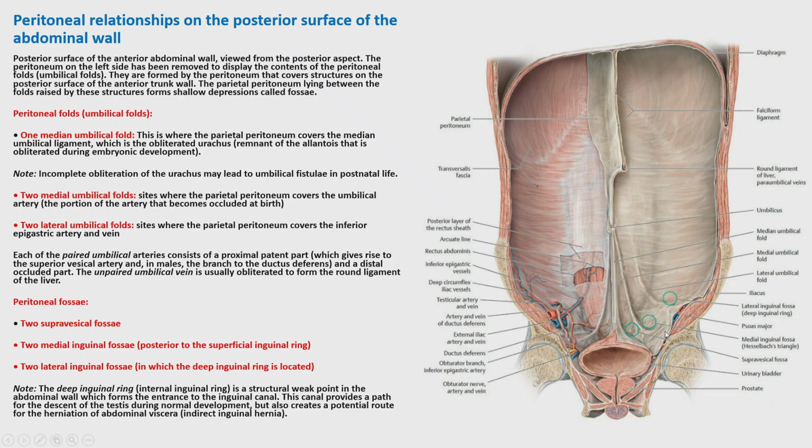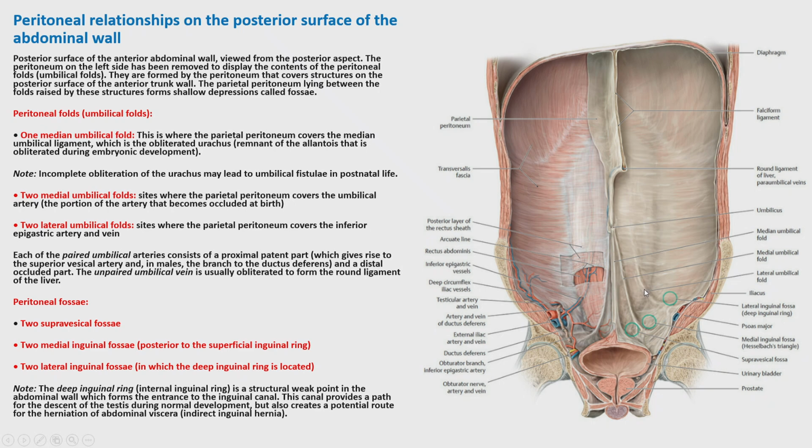The median one is the place of the obliterated urachus. The medial one is the place where the obliterated umbilical arteries pass. And the lateral part is the place where the inferior epigastric vessels pass. Remember this.